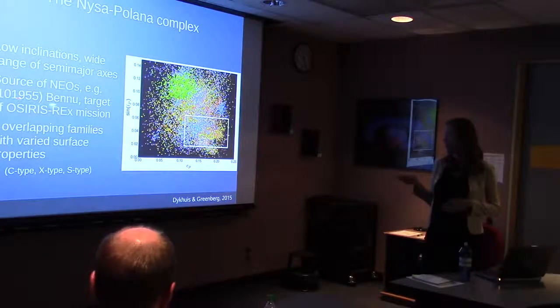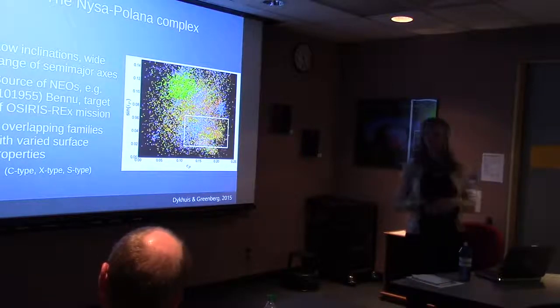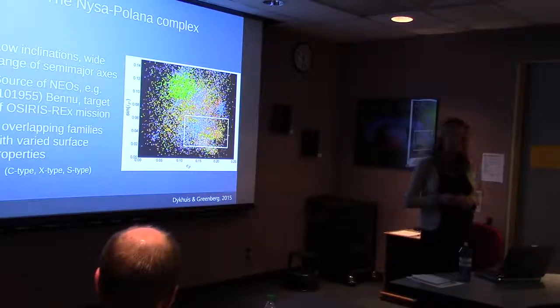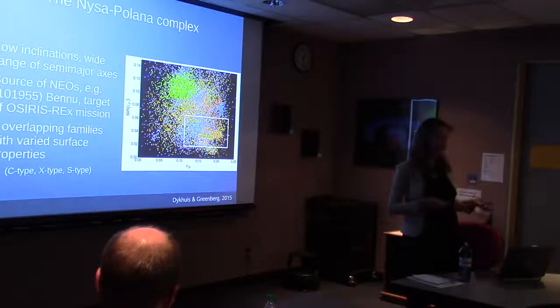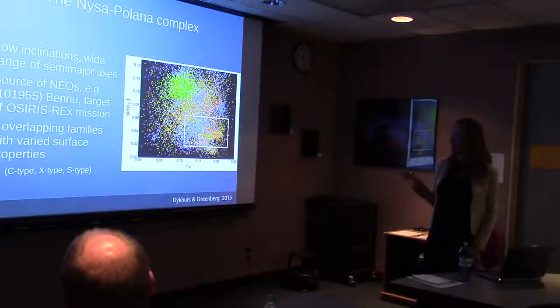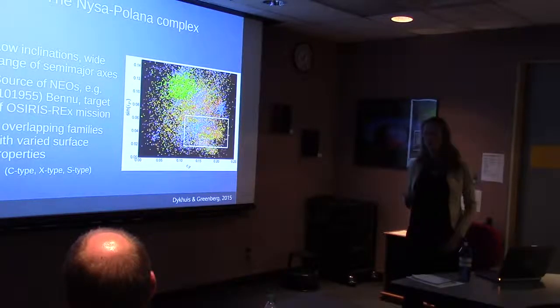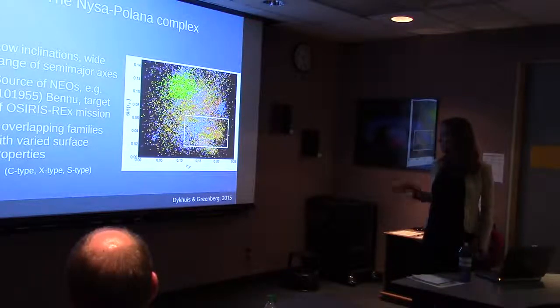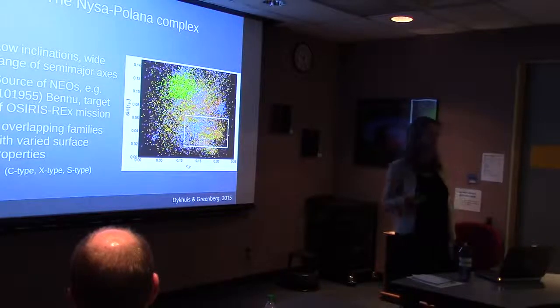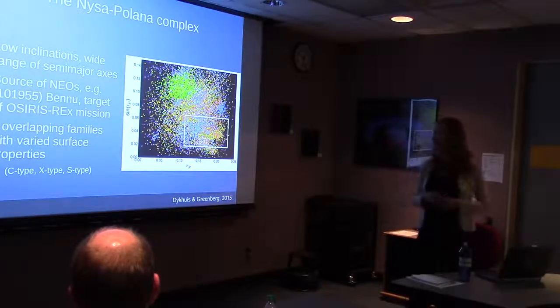So 101955 Bennu is thought to come from here, the target of OSIRIS-REx. And the Japanese Hayabusa 2 mission is also going to a near-Earth asteroid that is probably from this region. But this is a confused region with a whole lot of different surface properties of different families. And in particular, you'll hear me refer to C-type, X-type, and S-type categories.